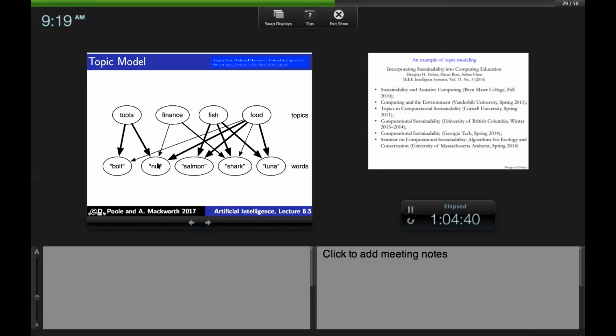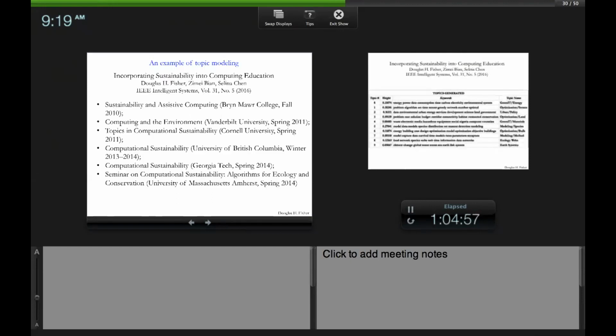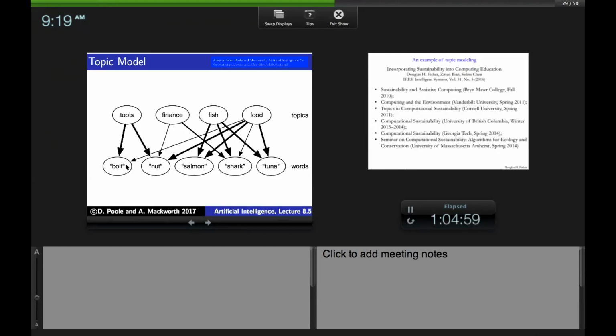The probability of nut being found in a document with a topic of finance might be considerably lower. I don't know if the authors were trying to be funny or not, but that's a representation. The probability of words are regarded as independent, conditioned on their presence in a topic or topics.